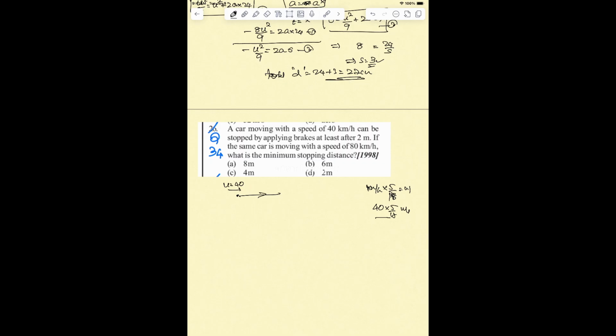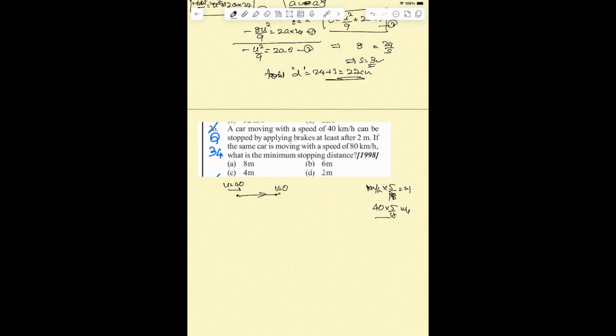As I said, we will not worry about it right now. We will convert it if required finally. I don't think it may be required. Let's just wait and see. Therefore, the first data situation is given like this. The car's initial speed is 40 kilometer per hour, and it can be stopped at least after 2 meters, meaning that if you apply maximum braking retardation, it can be stopped at a 2 meter distance.